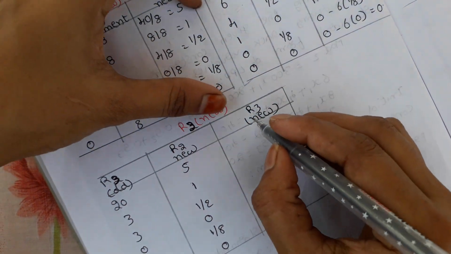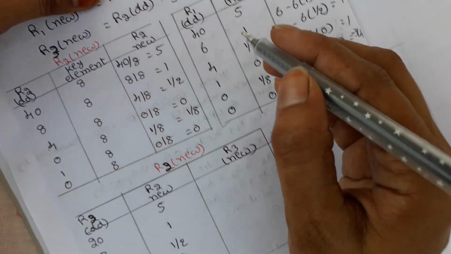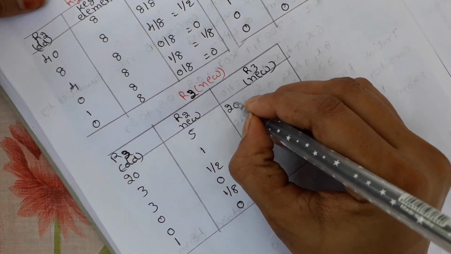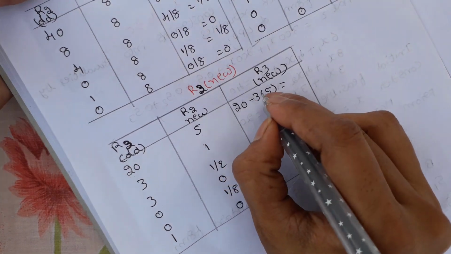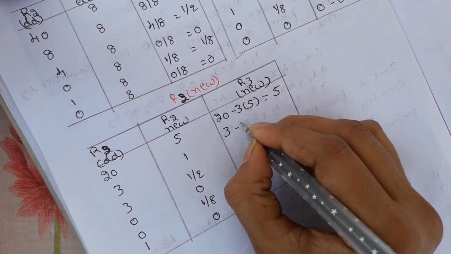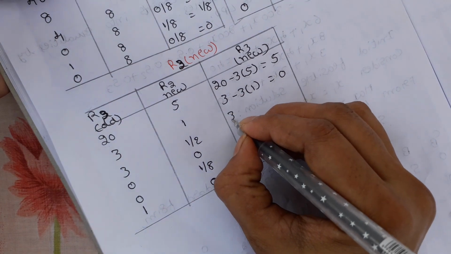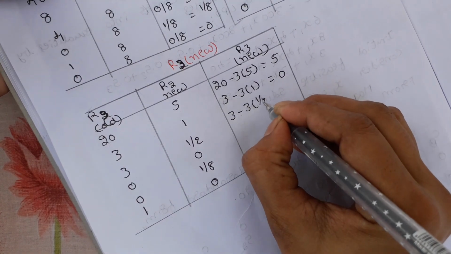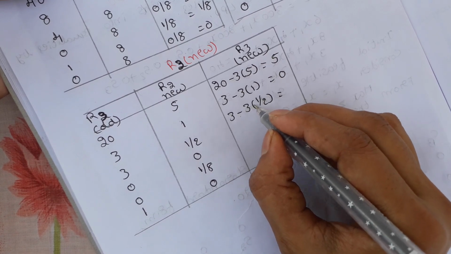Now R3 new equals R3 old minus 3 into R2 new. So 20 minus 3 into 5, which is 15. 20 minus 15 is 5. Then 3 minus 3 into 1 equals 0. Then 3 minus 3 into 1 by 2, which is 3 minus 3 by 2.